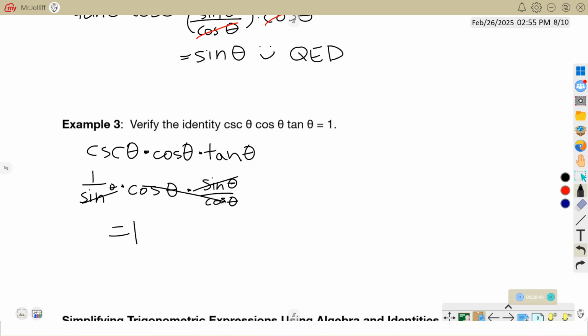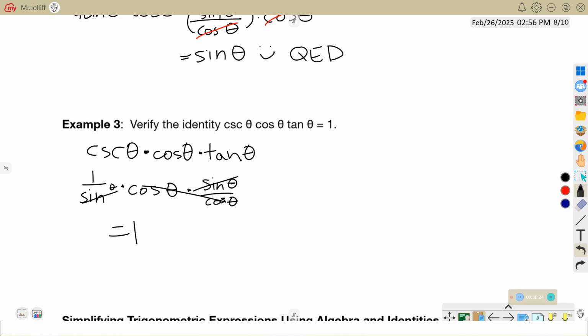All right, can you walk us through what you did? So I just wrote out the cosecant in the fraction form, and I just wrote out tangent. Then I crossed out the cos and the sine and was left with 1. Very good. This looked a lot like example 2 in that all I was doing was substituting in the fraction definitions of those functions. Most of these problems are going to start very similar.